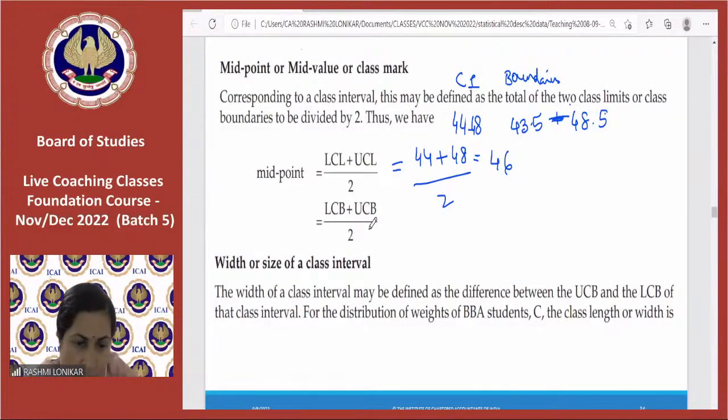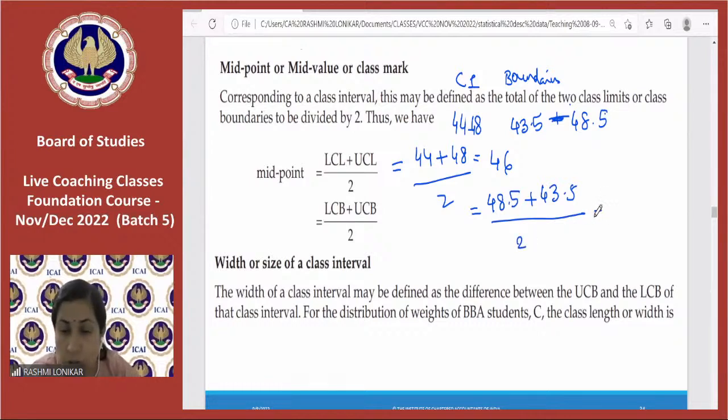Similarly, lower class boundary plus upper class boundary, 43.5 plus 48.5, upon 2, is also equal to 46. So you found out that I can find the midpoint by two methods: using the lower class limit and upper class limit, or using the lower class boundary and upper class boundary.